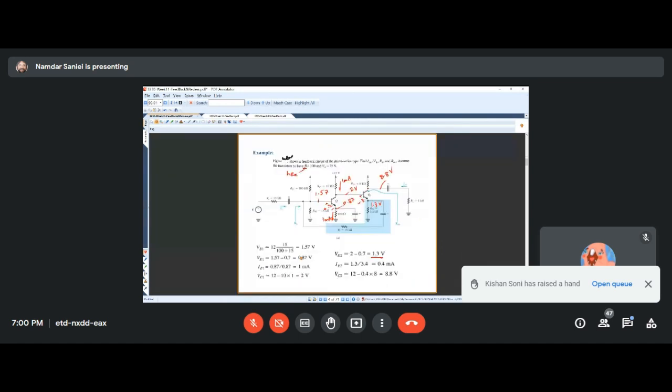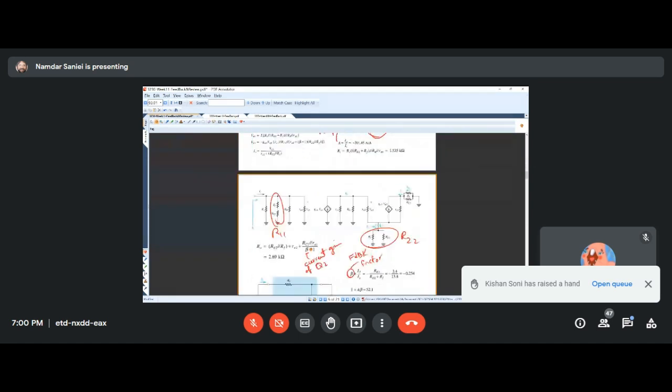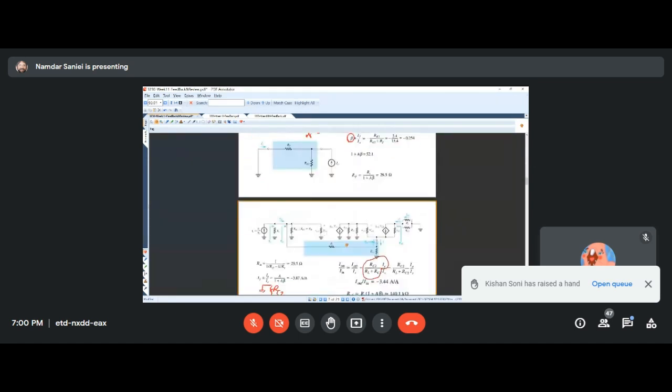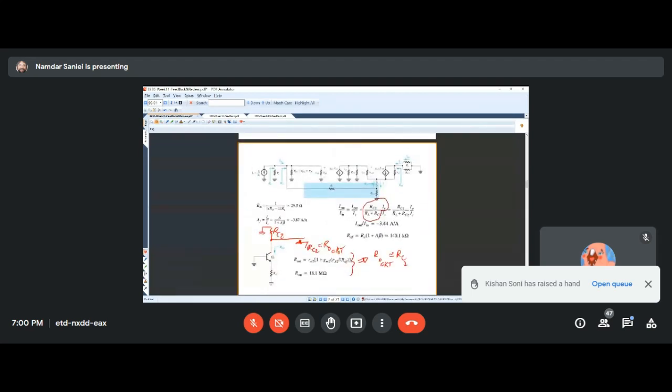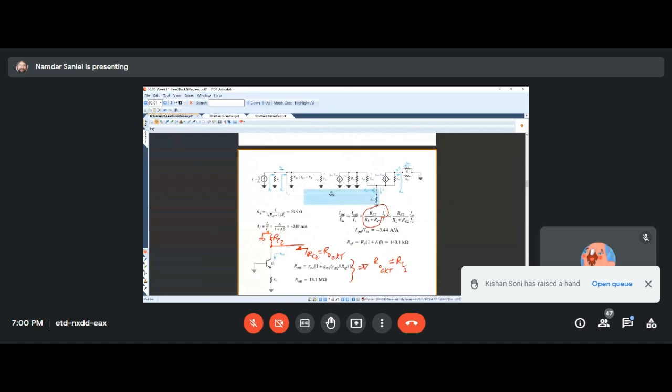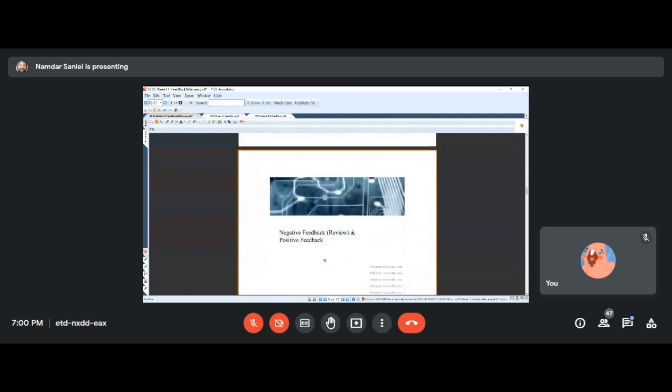And then on the input side again, we can multiply the IS by the RS, and you would get VO over VS.